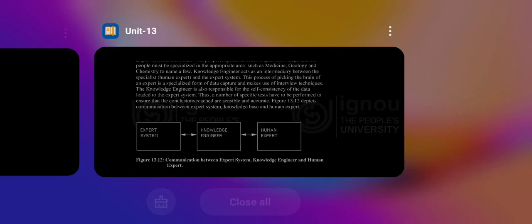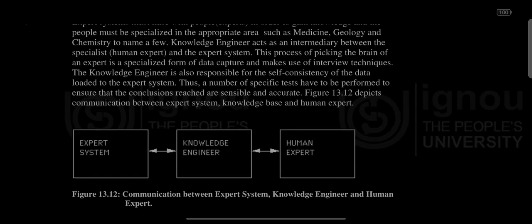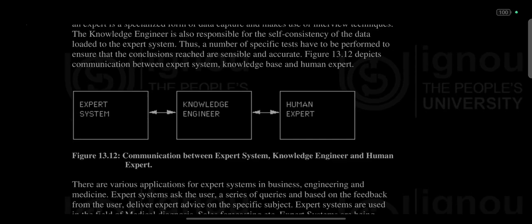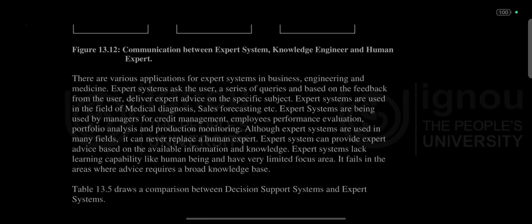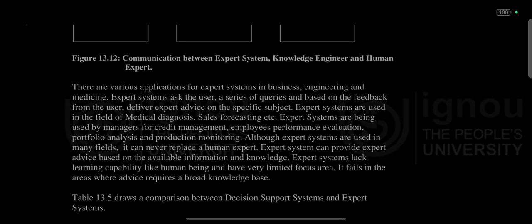So here you can see the figure 13.12, communication between expert system knowledge engineer and human expert. So these are various applications for expert systems in business, engineering and medicine.